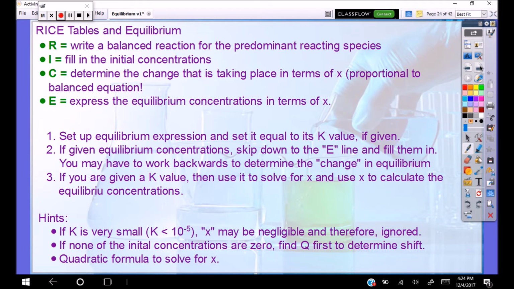But sometimes they may give you equilibrium concentrations and you'll have to work backward to determine the change, or the X. It's very popular for them to give you an equilibrium concentration for only one of your reactants or products, and you have all your initial concentrations, and then you'll have to determine the equilibrium concentrations for the other 2 or 3 reactants. If you're given a K value, then use it to solve for X, and then you can also use X to calculate equilibrium concentrations.